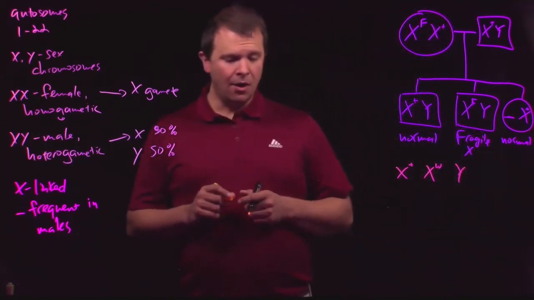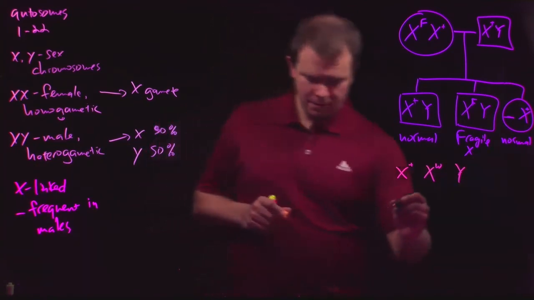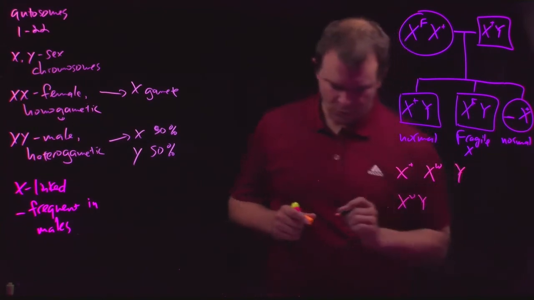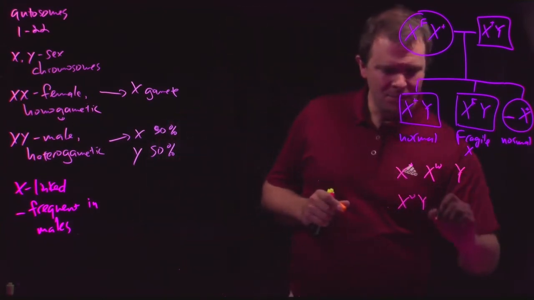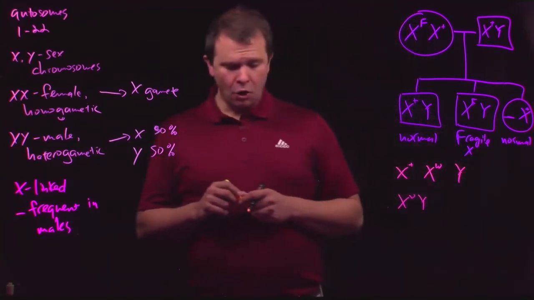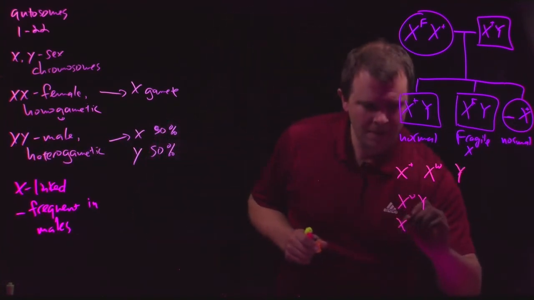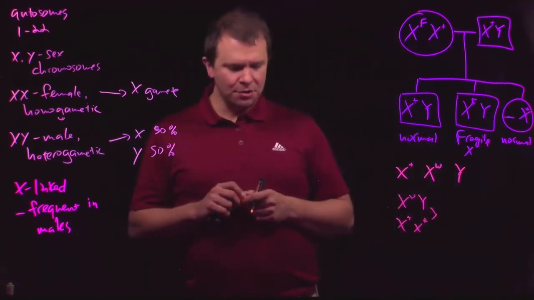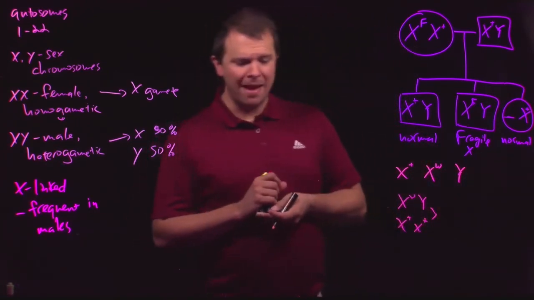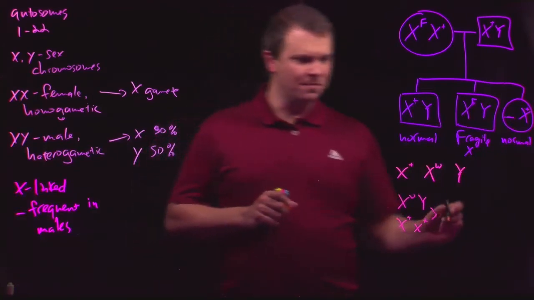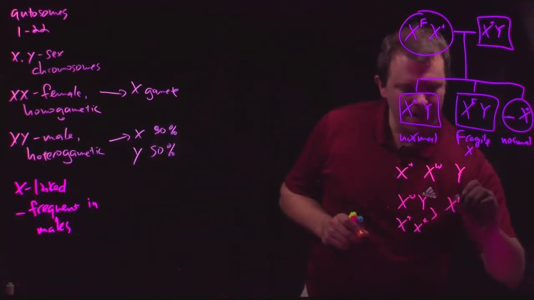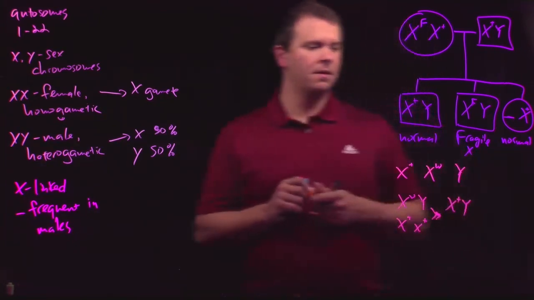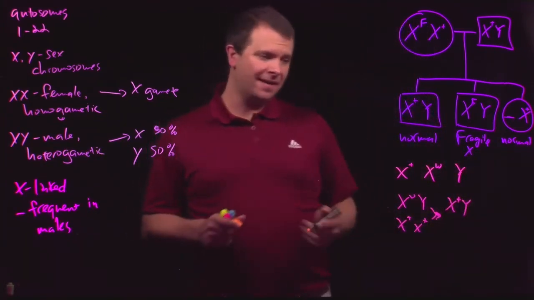And so consider a white-eyed male who is XW and Y crossed with a red-eyed homozygous female, X plus, X plus. If you cross the two of them, all of the male progeny are going to be X plus Y, which means they're going to have red eyes.